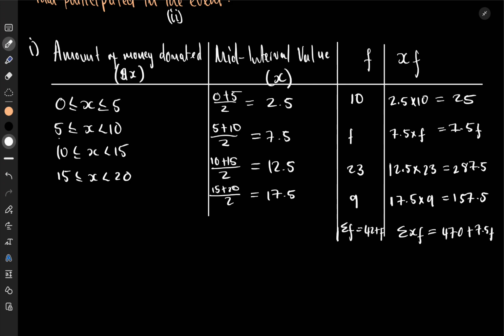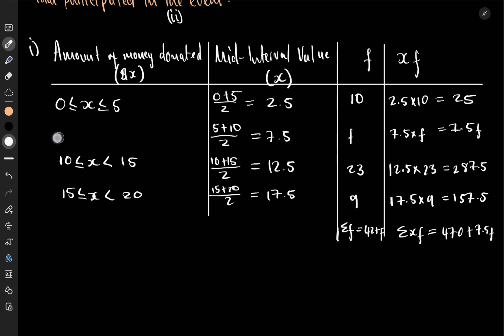So here we have our table. It's complete, right? 15 to 20 is not aligned with its values, so I have to bring it here. So this is 15 less than or equal to X, which is less than 20. Then this one is slightly lower: 10 less than or equal to X, which is less than 15. Then this one, 5 less than or equal to X, which is less than 10.